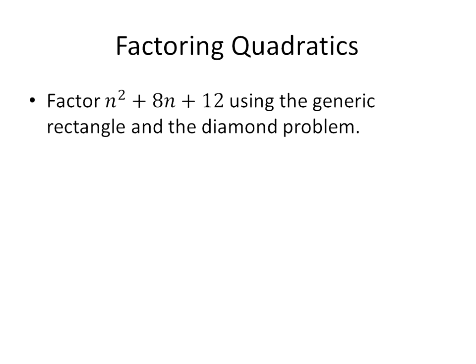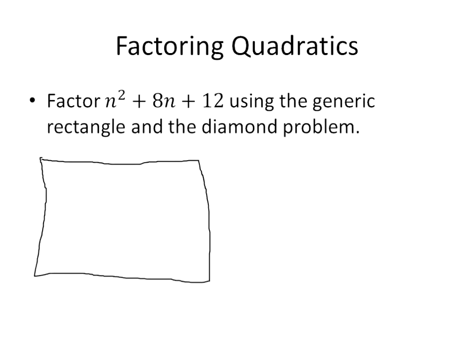So just to review factoring quadratics using the generic rectangle and diamond problem, what we found out is that when I say a factor, what I'm giving you is the area of a rectangle, and that area ends up being in four different parts, and those three items have to be put into those four parts, which means one of the parts has to be split.